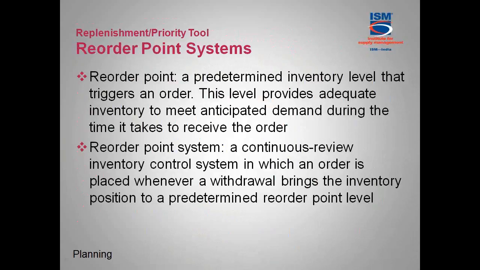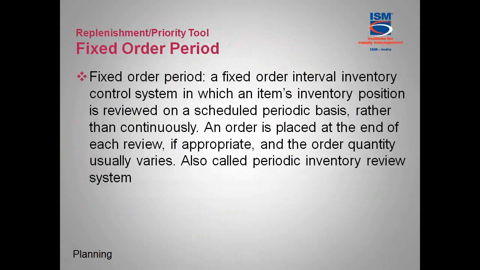Then another method is the fixed order period, also called a periodic review system, where we keep a particular date for reviewing the inventory, and after reviewing, we place the order for the requirement.